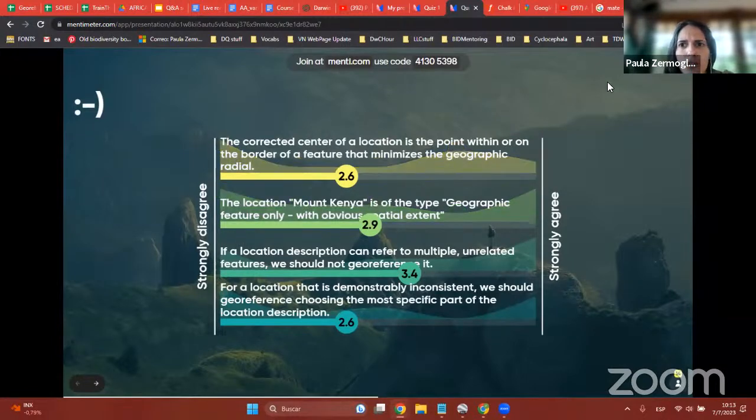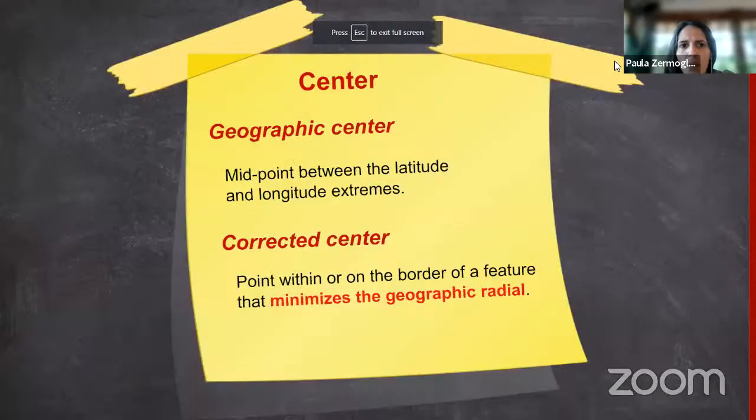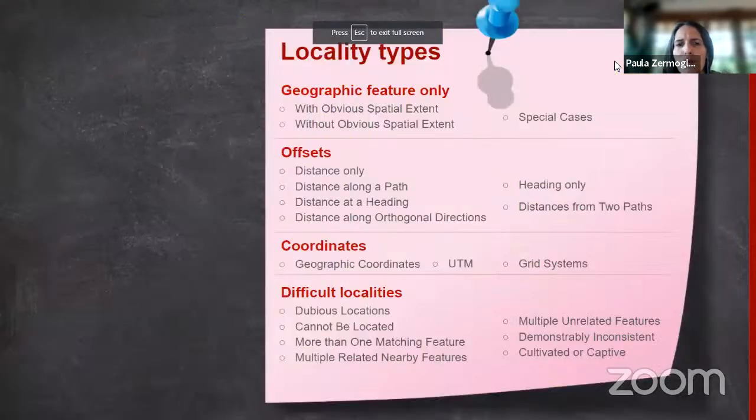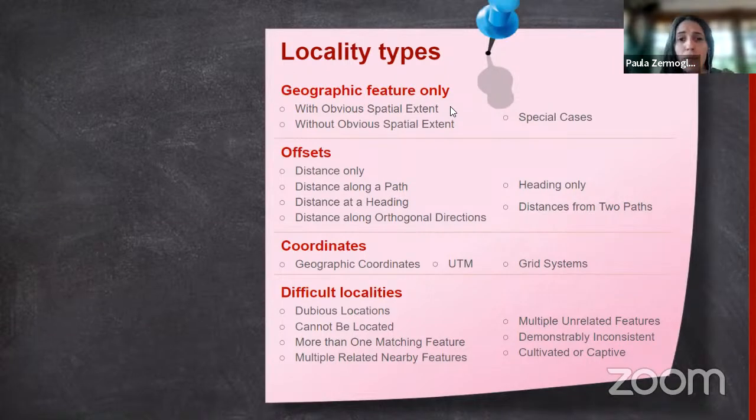So let me go back now to what we refer to as locality types. We had different kinds of locality types. And when we have only geographic features, we had different cases. Ones that have an obvious spatial extent, which we can determine unequivocally where the boundary is, and some that do not have that obvious spatial extent, which is usually the case of mountains.